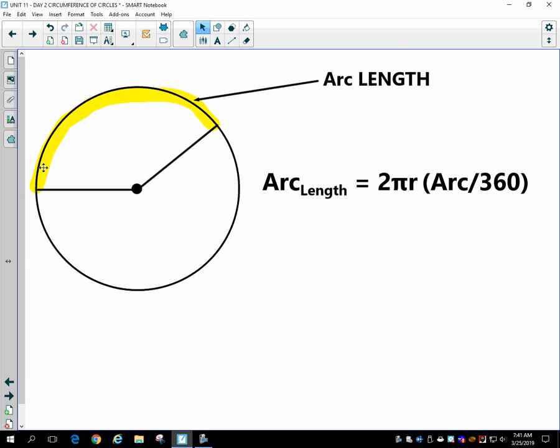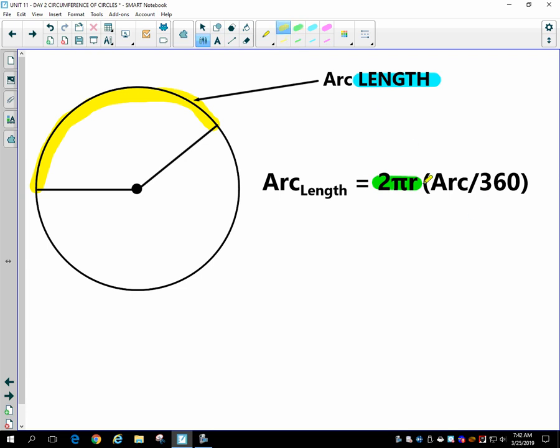It's going to be tempting to want to report that in degrees, but when we ask for length, that's the key word, length, we need to use this formula down here to find out how long that thing is, what fraction of the circumference we're looking at. Just like with sector area, we find the circumference, 2 pi r, and then we multiply the circumference by whatever the arc measure is, that's the degree measure, divided by 360.